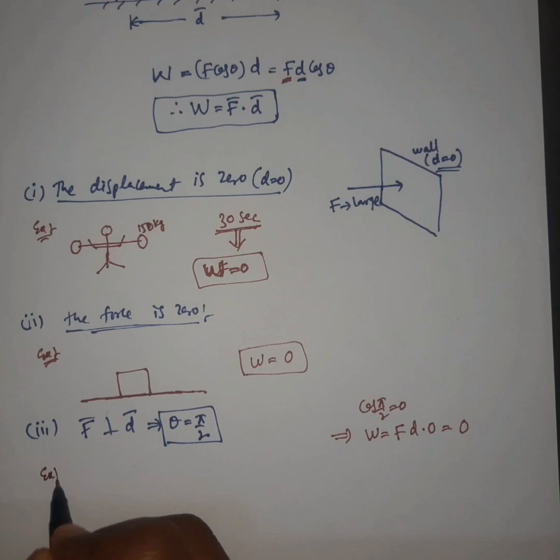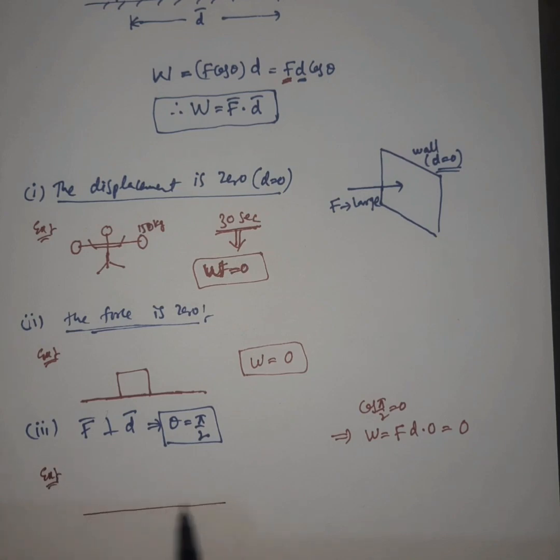For example, here a block is moving on a smooth horizontal surface. It has a displacement in this direction. On the block, the gravitational force is towards the downward direction. So the angle between force and displacement is 90 degrees.